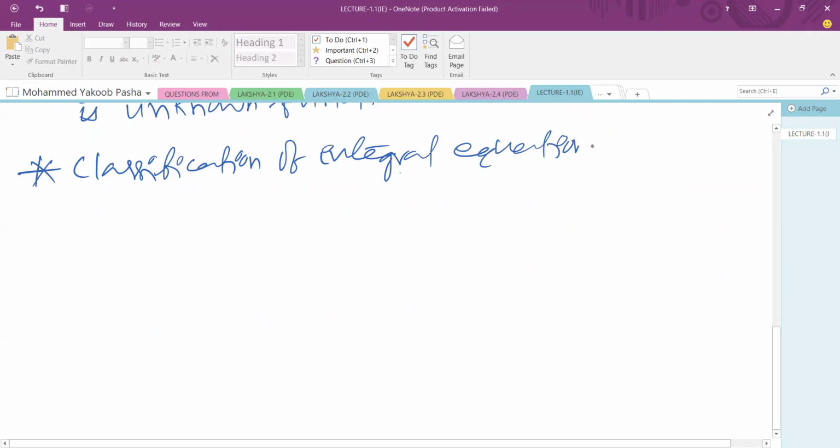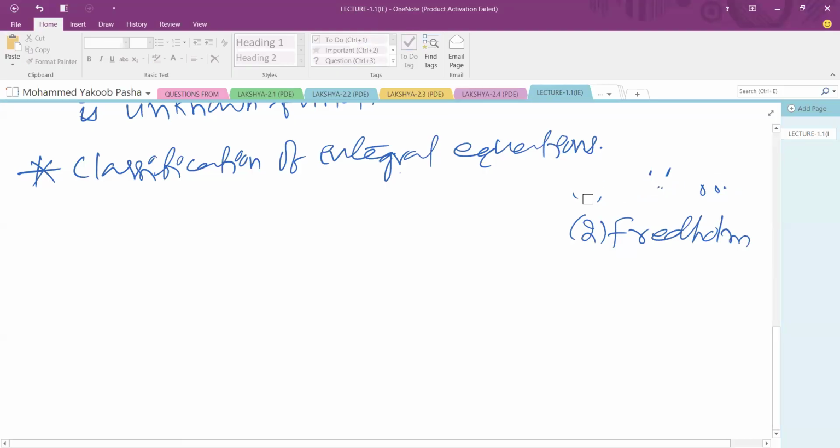Actually, the main classification is only two: the Volterra integral equation, and the second one is the Fredholm integral equation. This is the main classification.